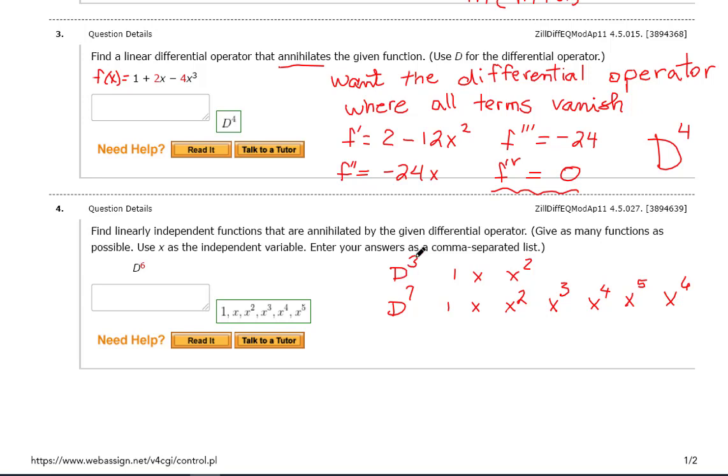So D cubed would annihilate 1, x, x squared. D to the 7th would annihilate 1 all the way up to x to the 6th power. So again, it's the number of derivatives you would need to make all the terms go away.